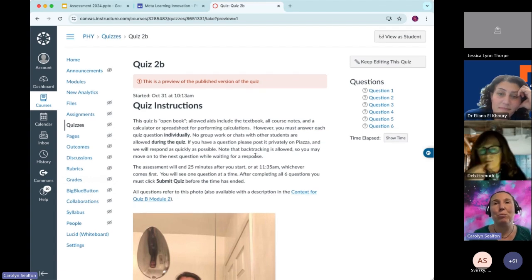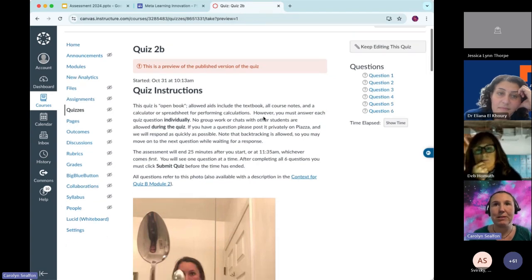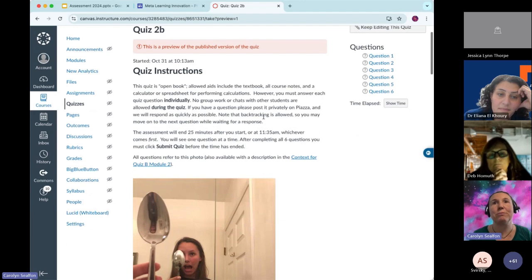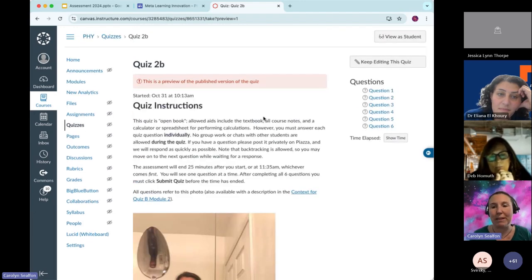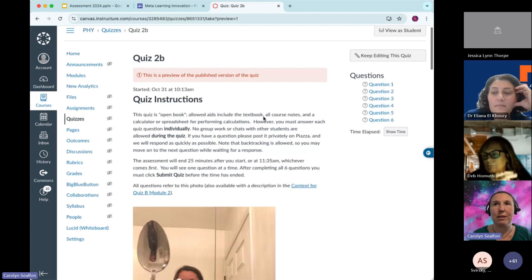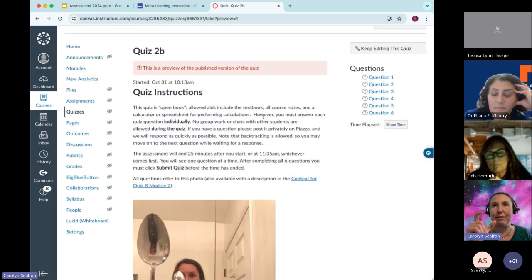Excellent. We were concerned again about academic integrity, and so basically, if we have a lot of time, then students will be incentivized to talk to each other. So the timedness of it was to prevent students from just sharing answers because it's closed response.